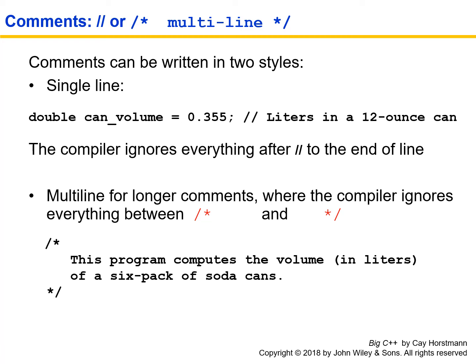The second is called a multi-line comment, and you start with a /* and you end with a */, and everything between those two is ignored. So this allows you to write longer form comments about what your program does, perhaps, or what a particularly long block of code is about to do, or something like that.